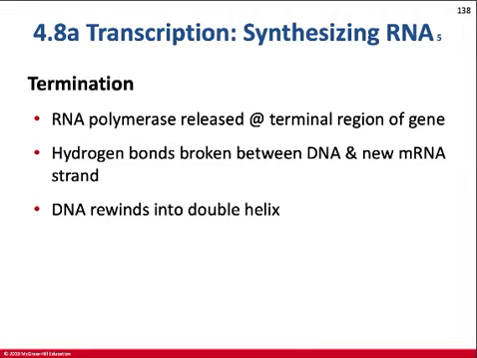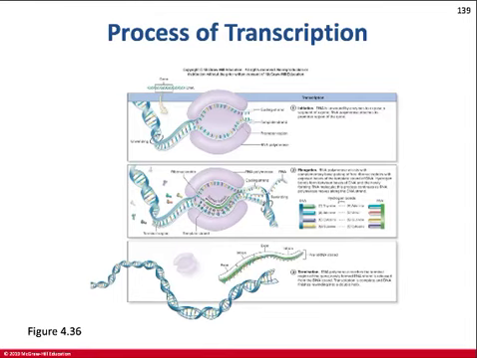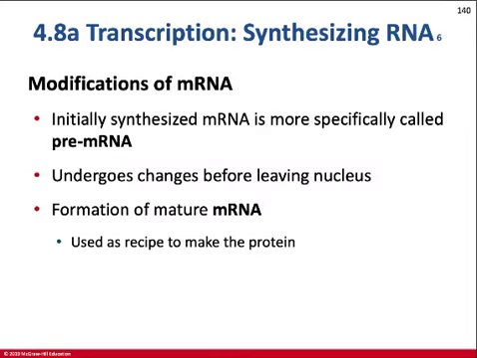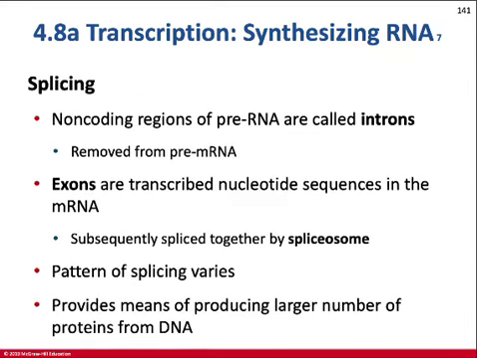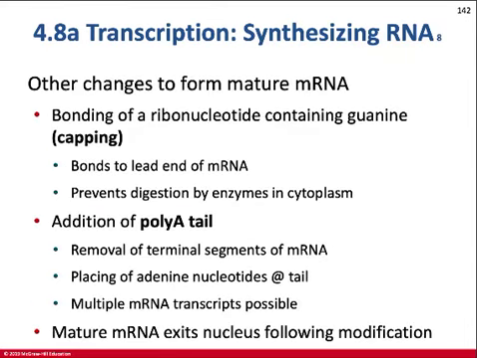In elongation, free ribonucleotides are base paired. We make an RNA copy of the nascent gene. Okay. And then in termination, the RNA polymerase is released at the end of the gene. Hydrogen bonds are broken between the DNA and the new message, and the DNA rewinds into a helix, and then we process out the introns, we cap and polyadenylate the message, and then it can leave through the nuclear pore. Okay, and so that's transcription.